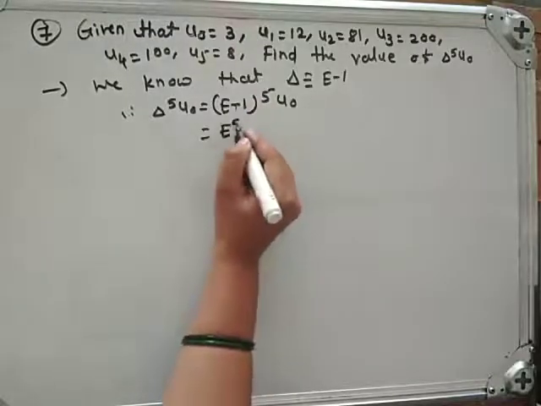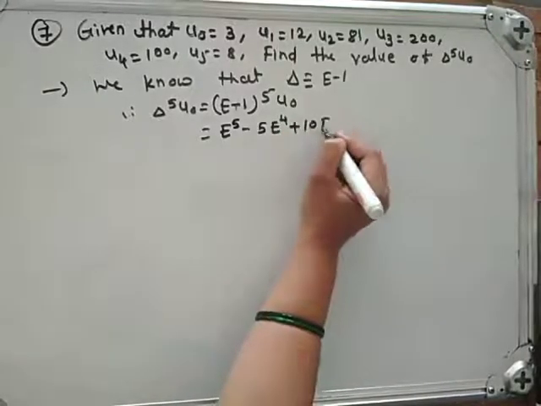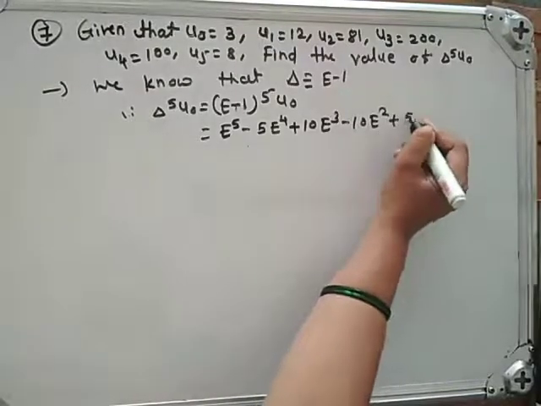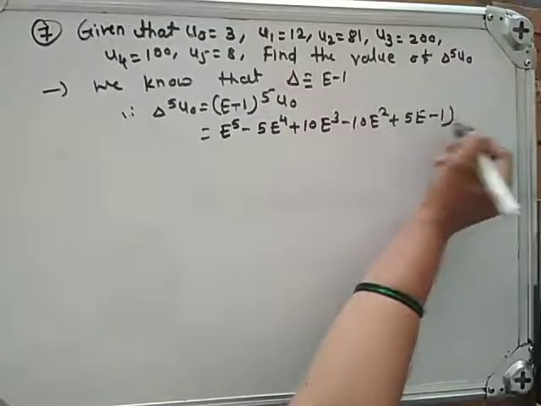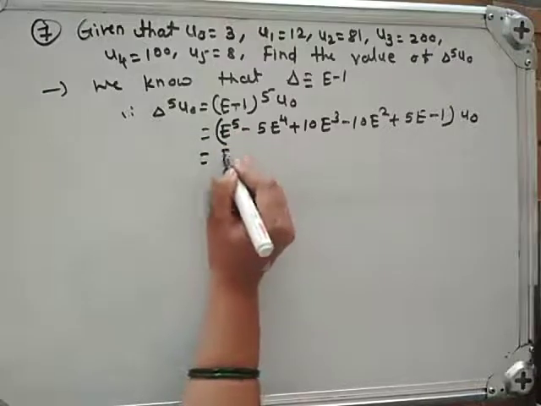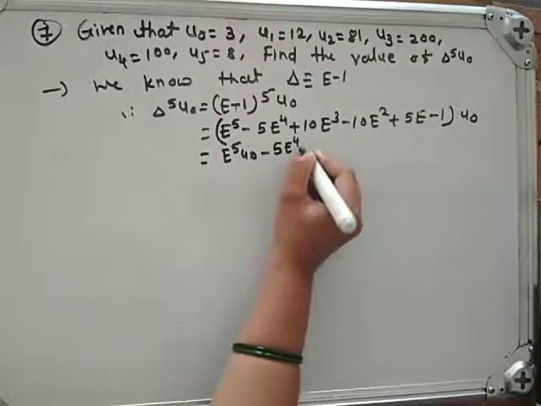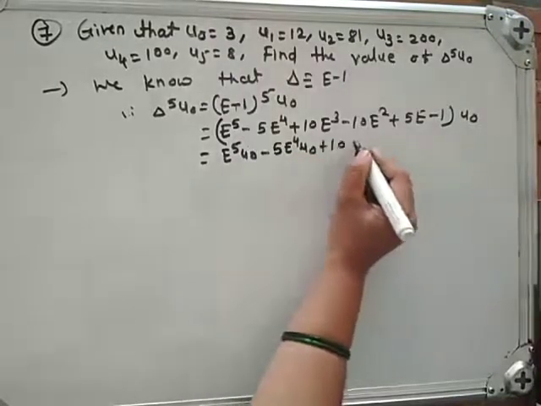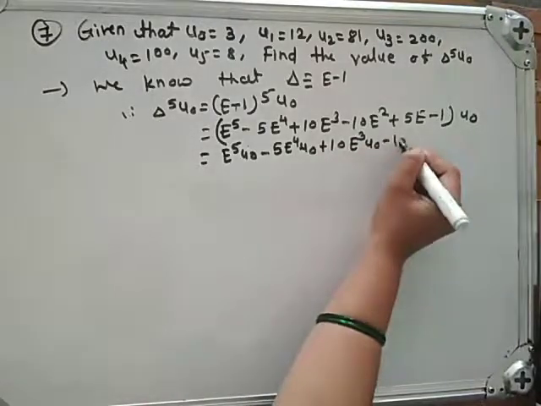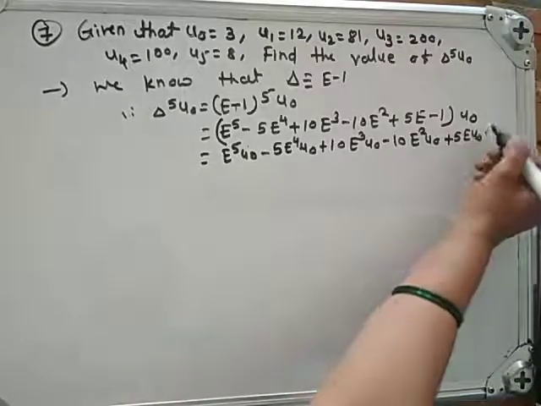We get E raised to 5 minus 5 into E raised to 4 plus 10 into E raised to cube minus 10 into E square plus 5 into E minus 1 into u0. Okay, which is equals to E raised to 5 u0 minus 5 E raised to 4 of u0 plus 10 into E raised to 3 of u0 minus 10 into E square of u0 plus 5 into E of u0 minus u0.